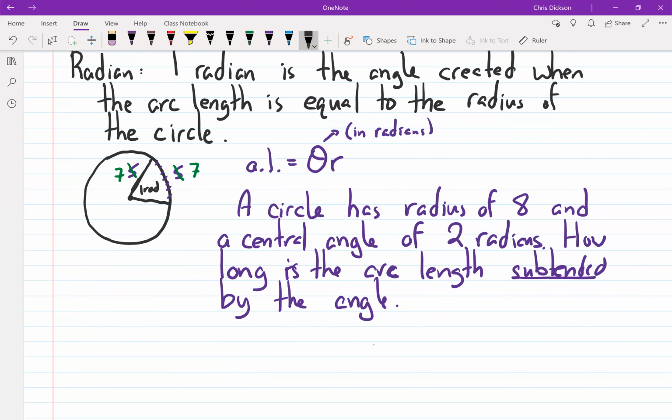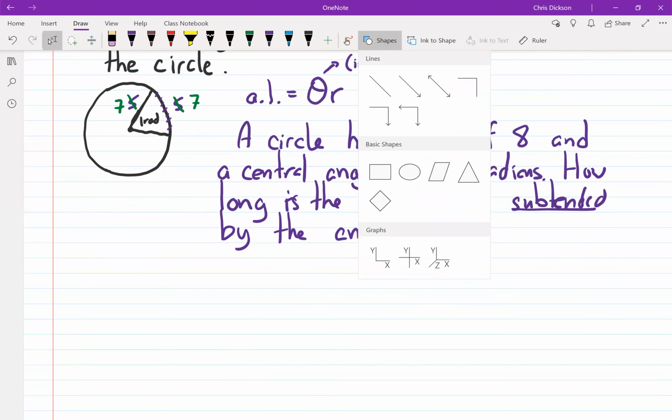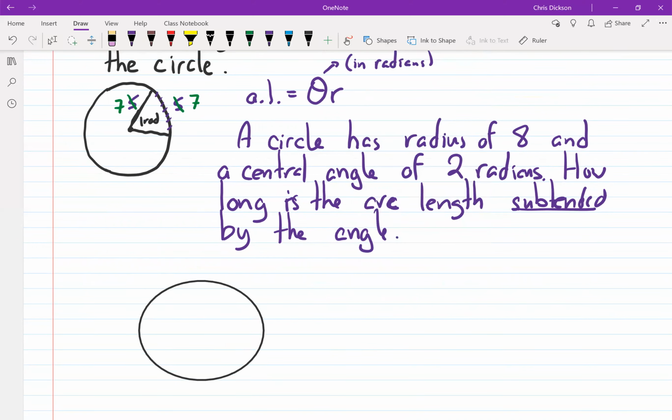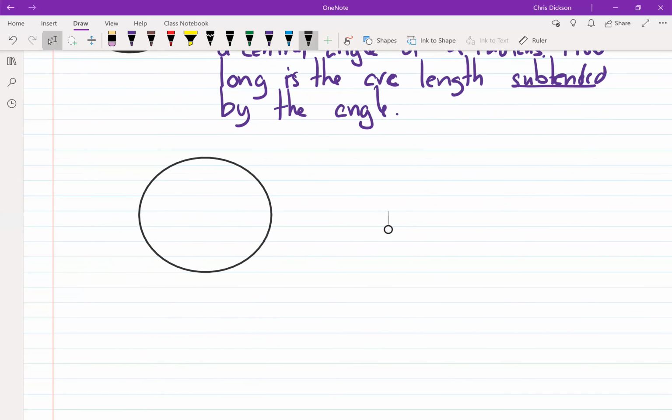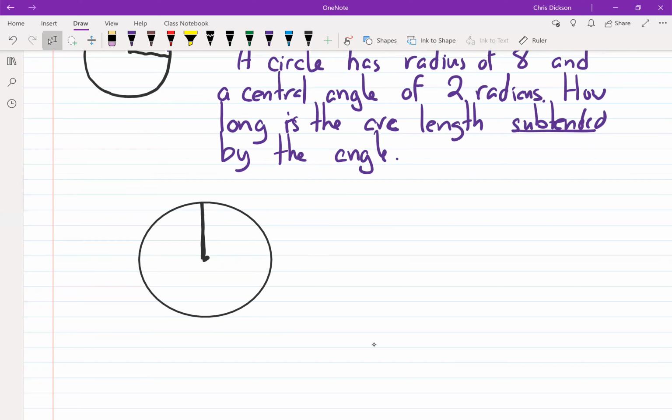So if you draw a circle of this type, let me just use my shape drawing. This is always a bit better. There we go. That looks more like a circle. So if I draw my angle here, I'm just going to draw a line straight up here. Okay. So the radius is 8, so this would be 8 units. Now, the central angle is 2 radians, which means that the angle here is obviously double what 1 radian would be.